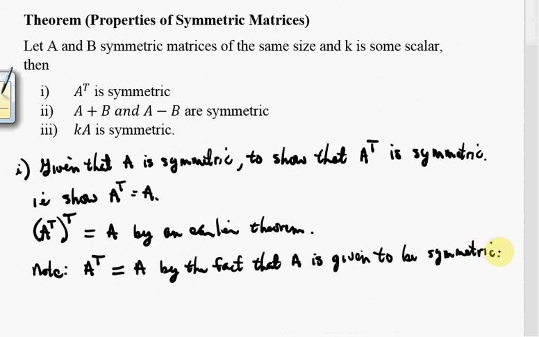Right? A is given to be symmetric already. Let A and B be symmetric matrices.